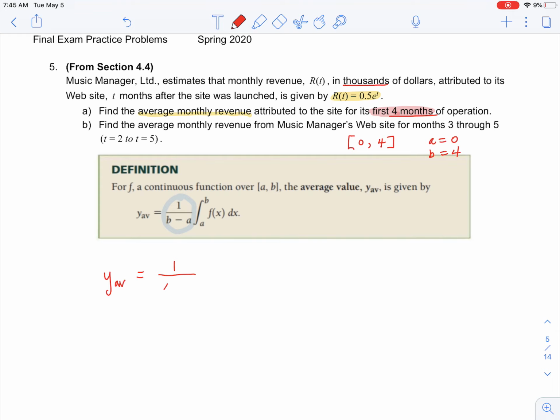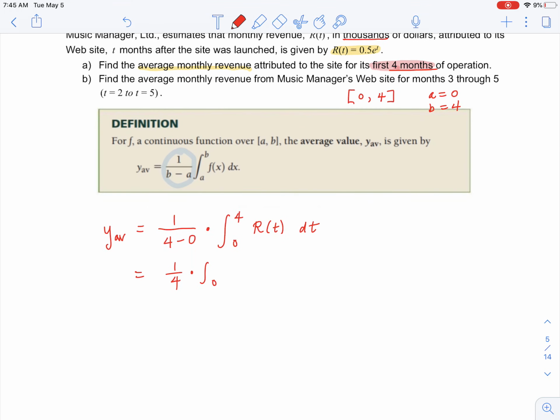You will do 1 over 4 minus 0 times the integral from 0 to 4 of our R(t) function, dt. Simplifying, we find the definite integral from 0 to 4 of 0.5 e to the t dt.